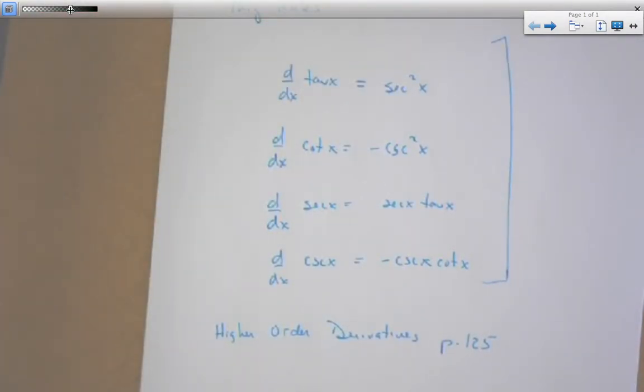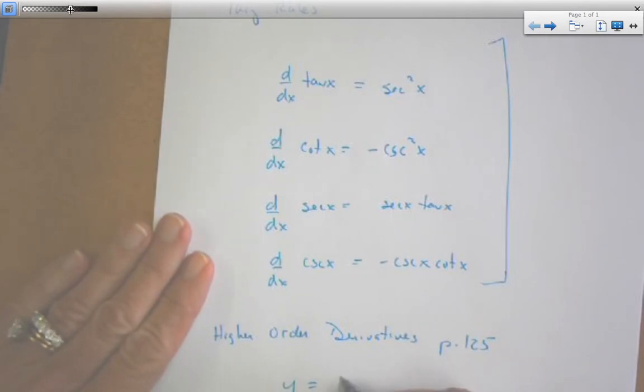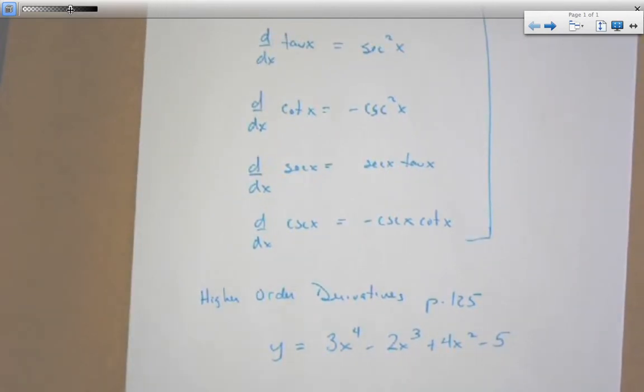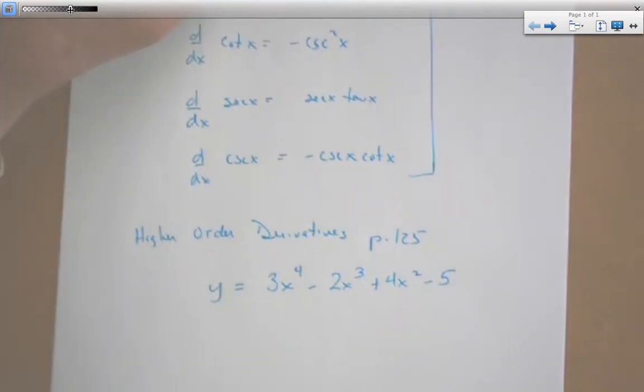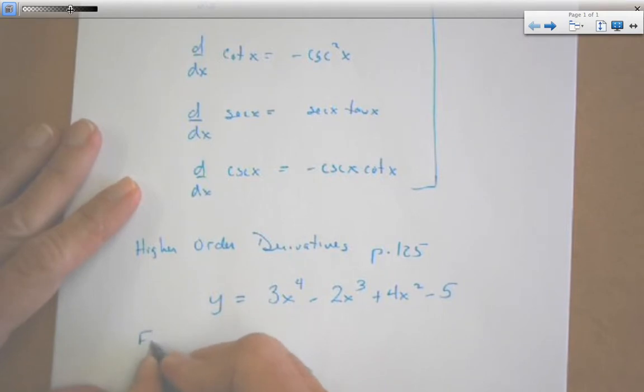Let's say that I had y equals, and just for the sake of time, let's do a basic one. 3x to the fourth minus 2x cubed plus 4x squared minus 5. Let's just do a basic example. Okay, let's find the first four derivatives.